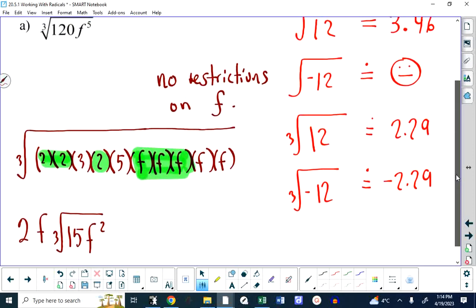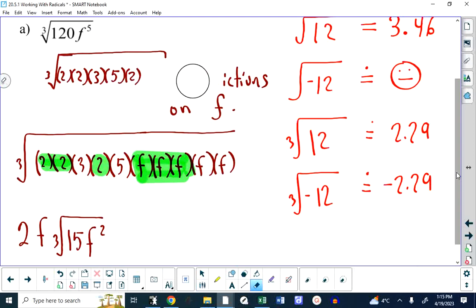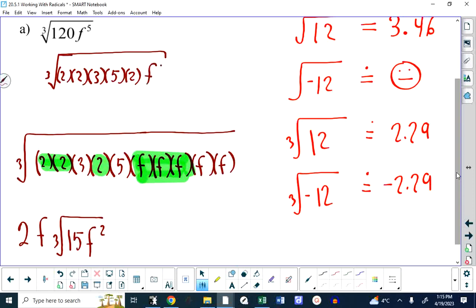I'm hoping that many of you will appreciate that if I had the cube root of 2 times 2 times 3 times 5 times 2, and then I also have f to the 5, there are 5 f's, so you can take 3 out and have 2 left over.